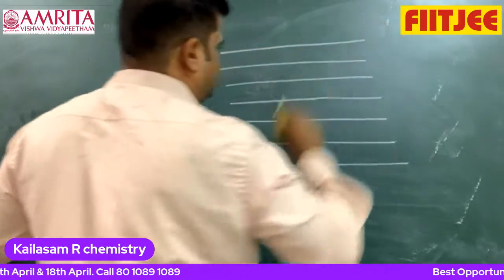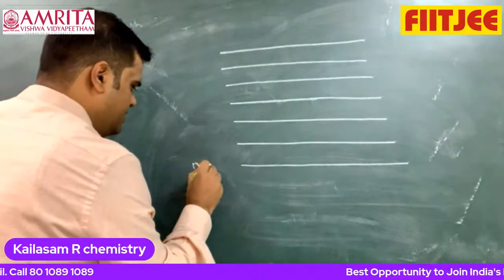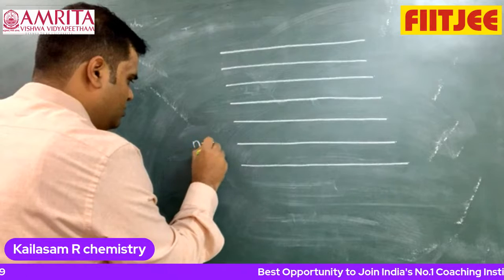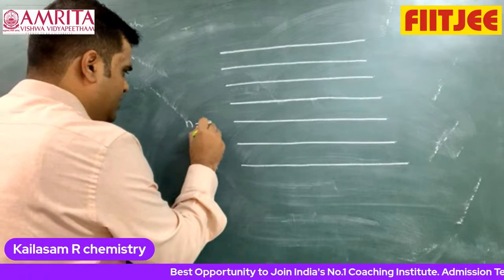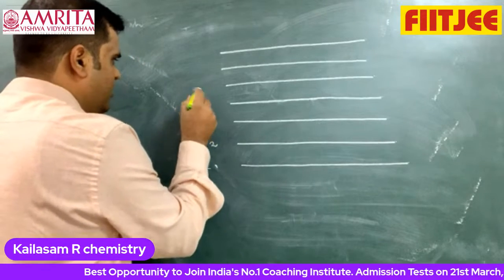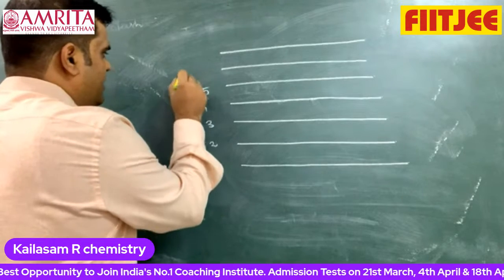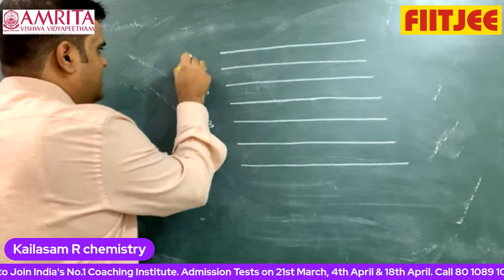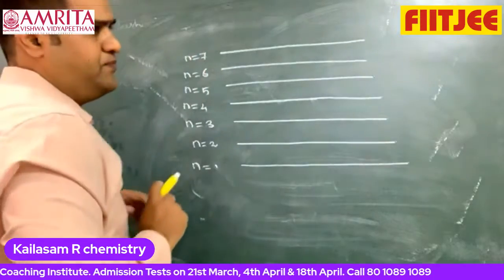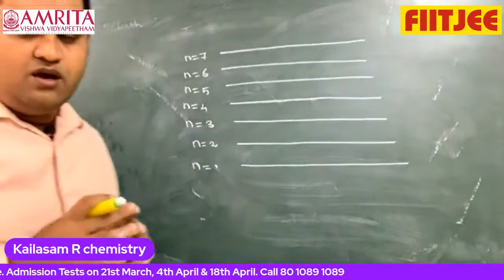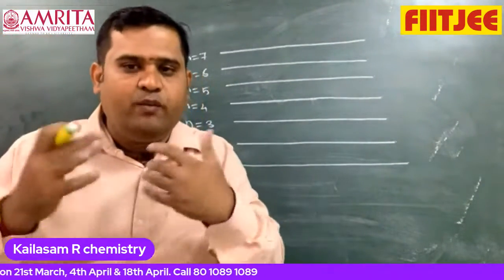Just I am taking here n is equal to 1, n is equal to 2, n is equal to 3, n is equal to 4, n is equal to 5, n is equal to 6, n is equal to 7. What information does the hydrogen spectrum give?